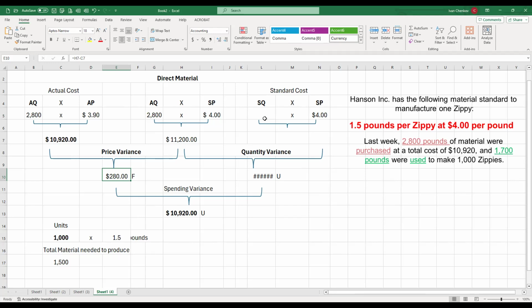Now I have two actuals: what we purchased and what we used. So what shall we do? Well, simple. We're going to prepare the quantity variance using the amount of material that was used in production. For the price variance, we're going to use the pounds of material actually purchased.